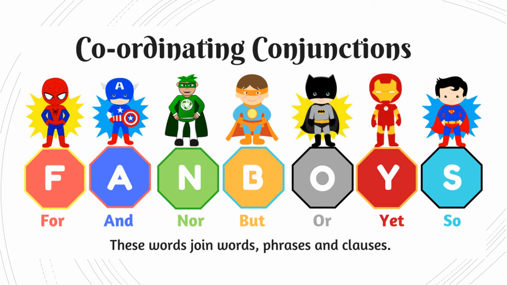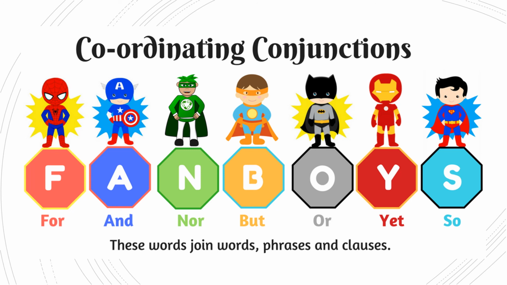Coordinating conjunctions. A conjunction is a word that you use when you combine two sentences. My grade 5s of this year will remember that last year I taught you the boom, boom, click. So one idea plus another idea gives you one big idea. All right, so this is exactly what it is.